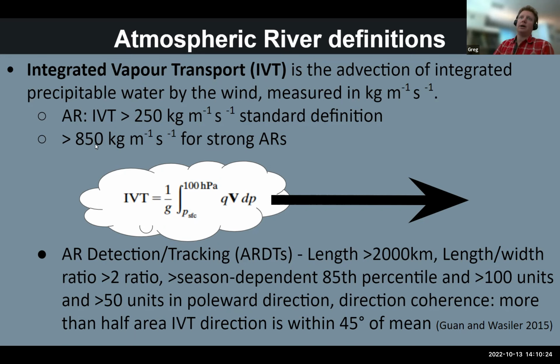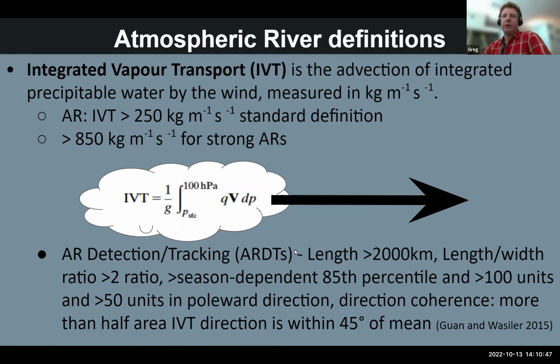Anyway, in the current climate for our coast here, for strong ARs, we're usually looking at 850 units or more. This is the equation, which I'm not going to go through, but the definition is at the top of the slide here.